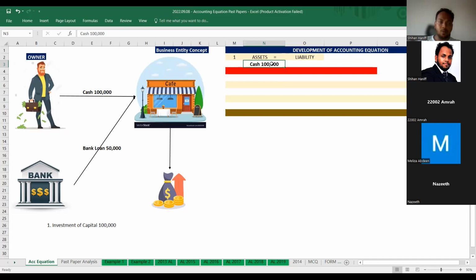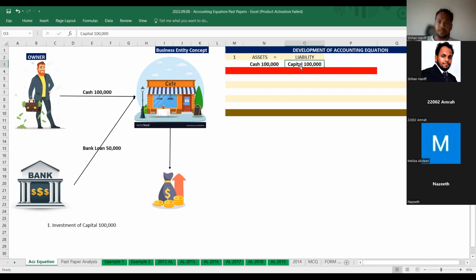If the owner gives money to the business, the business will have to repay the money back to the owner. So it will create a liability of 100,000 to the business. What is this liability? This is called capital.